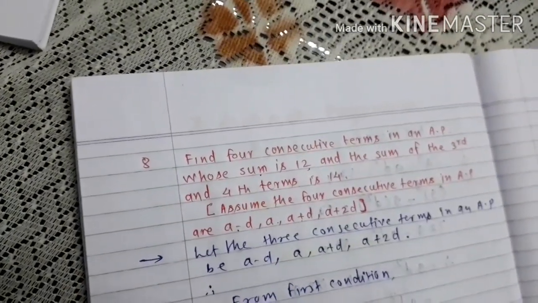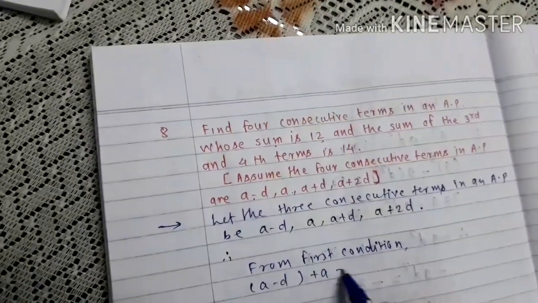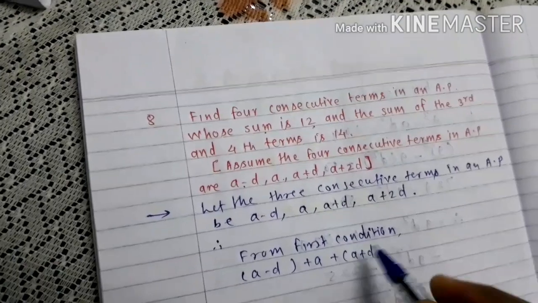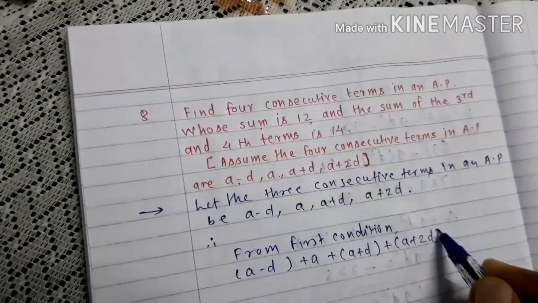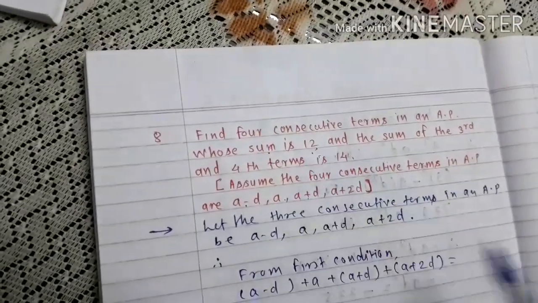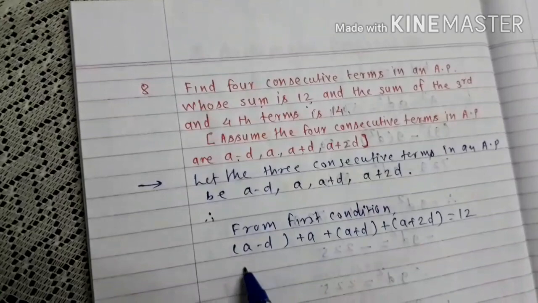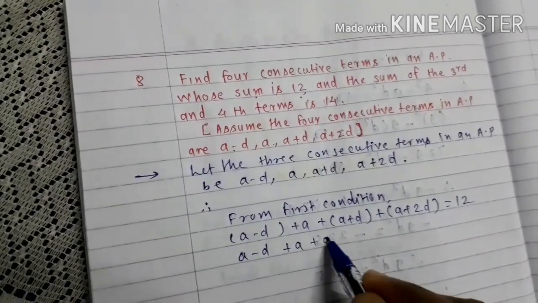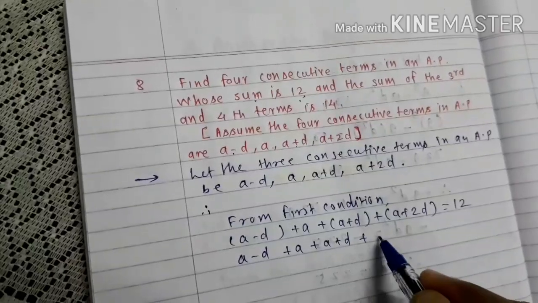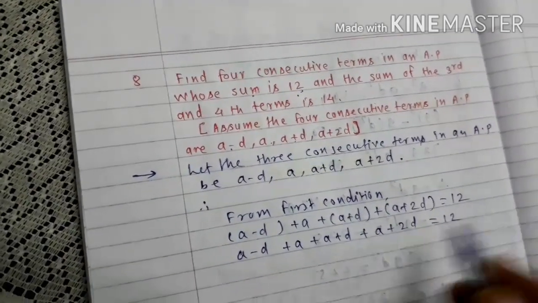This means a minus d plus a plus a plus d plus a plus 2d is equal to 12.